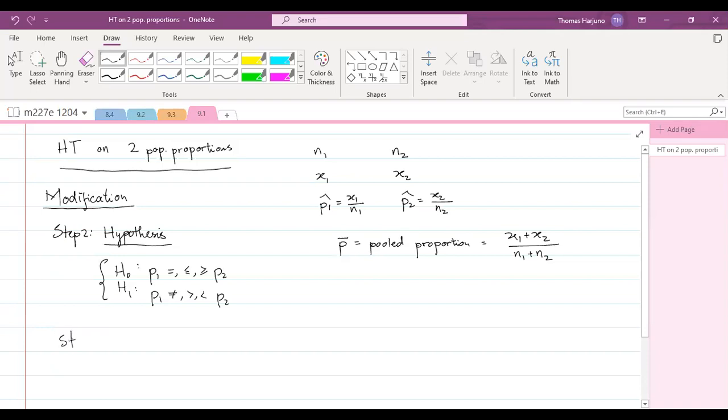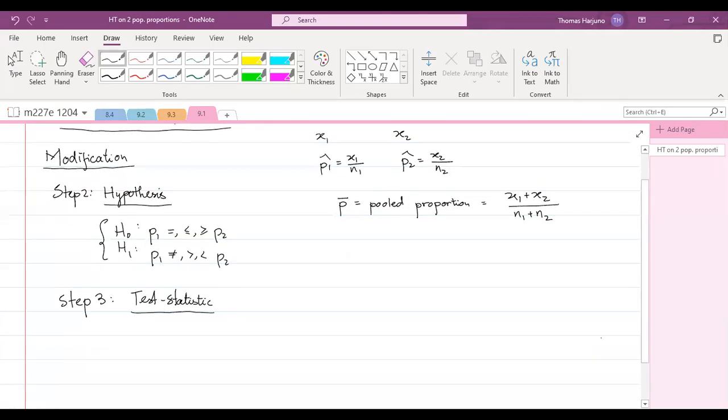Okay, step 3, test statistic. Just like before, when it comes to proportion, we use Z. Right now, we use Z also. But then the formula will be P1 hat minus P2 hat minus P1, P2.